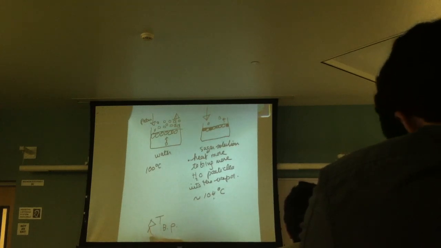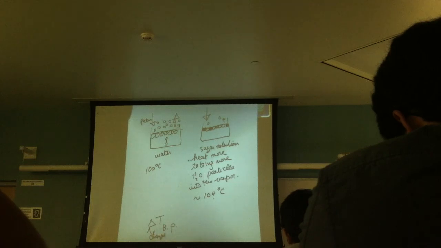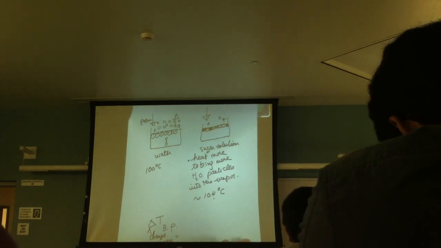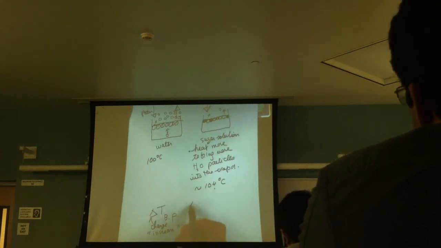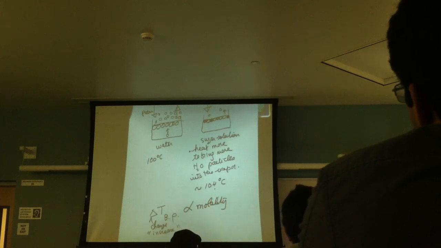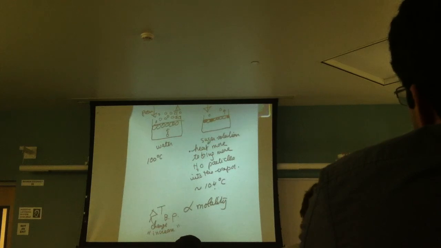Delta means what? Change. What kind of change do I anticipate? An increase in the boiling point due to adding the sugar. That depends on, watch this, molality. What is the symbol for molality? Big M or small one? Small.